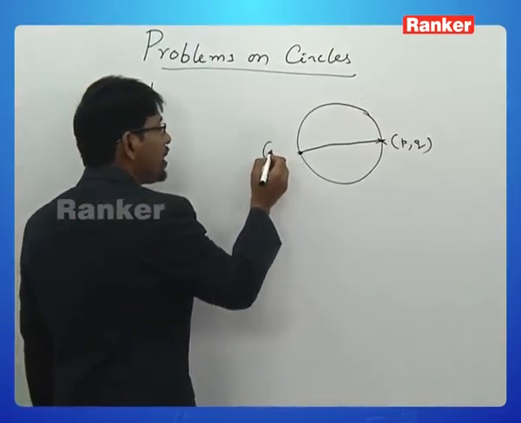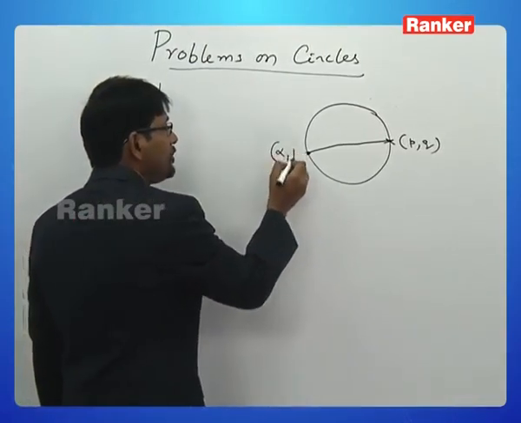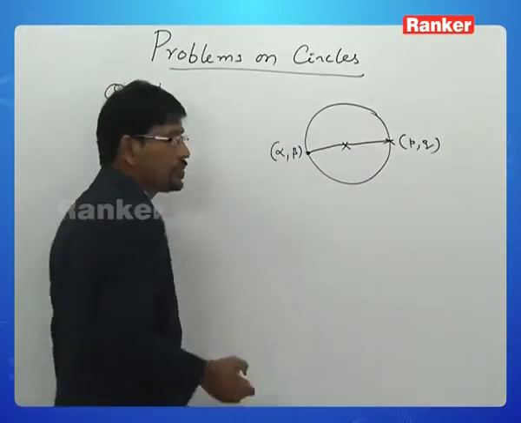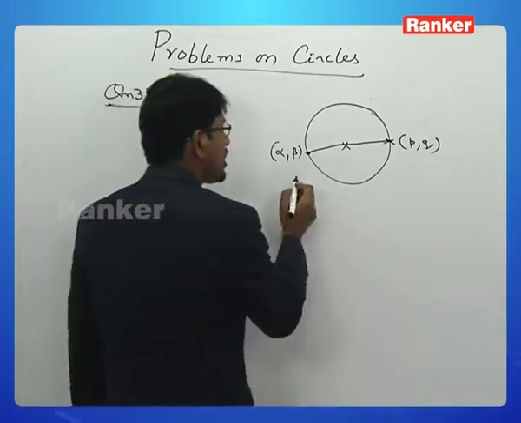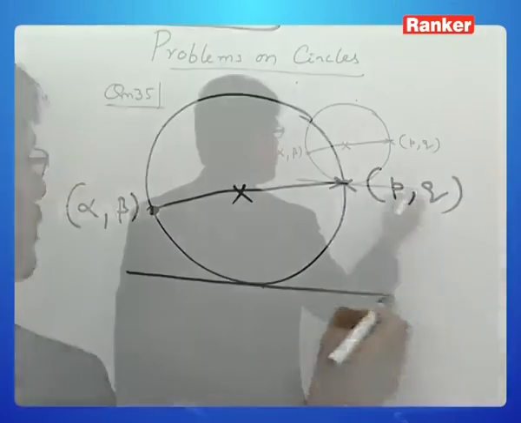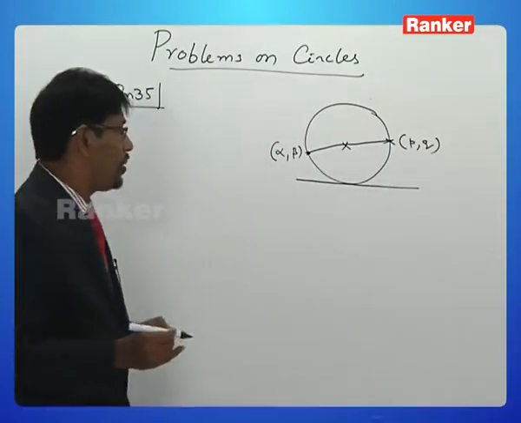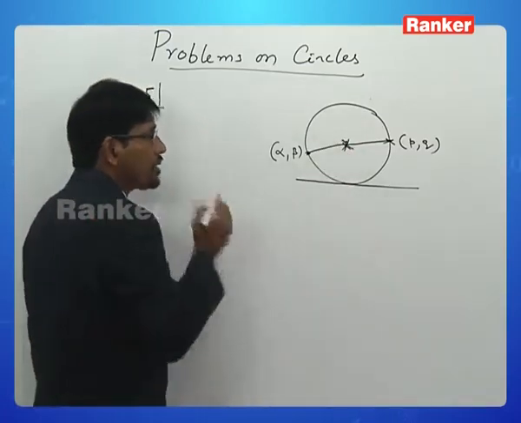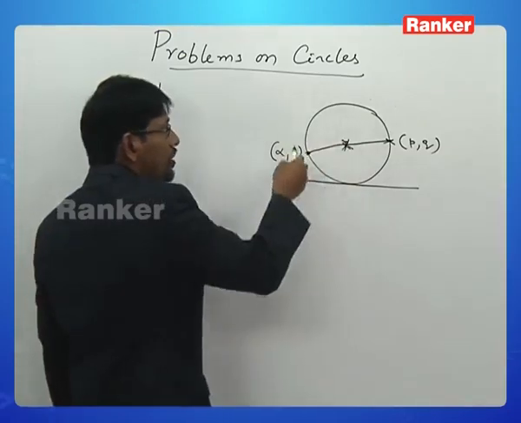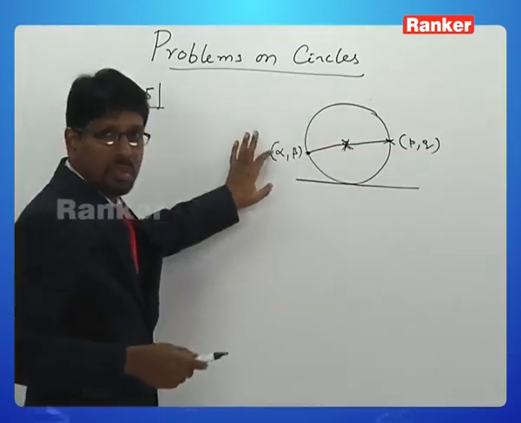Let us take this other end of the diameter as some alpha comma beta. Now, how is this circle? He says this circle is always touching the x-axis. Okay. So now, can we write the equation of this circle using this other end?